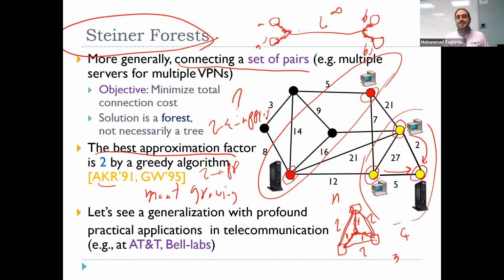I think I will actually quote Guy Kortsarz, who said that these people improved the approximation factor to the worse. So why are you improving an approximation to the worse? The idea is the importance of this problem.